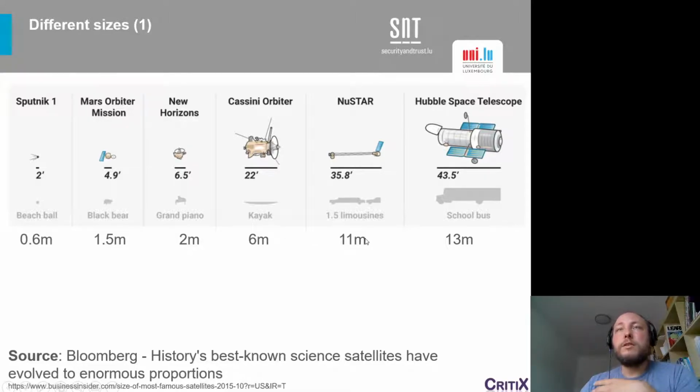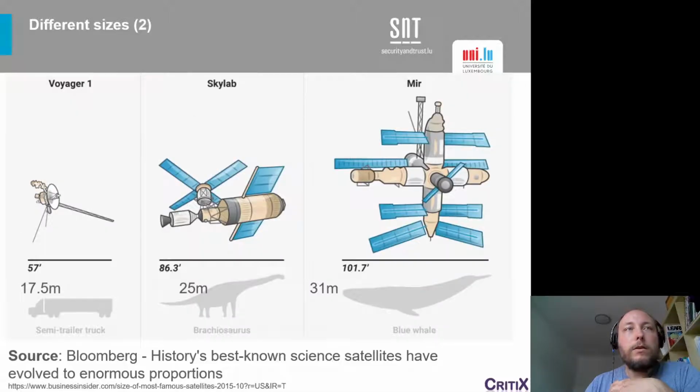Sometimes for measurement, large booms are used, like in the case of NuSTAR, 11 meters. The very famous Hubble Space Telescope is 13 meters, the size of a bus. Then we have the very famous Voyagers, the size of a truck.